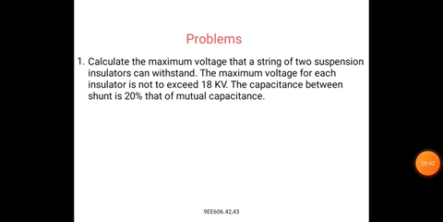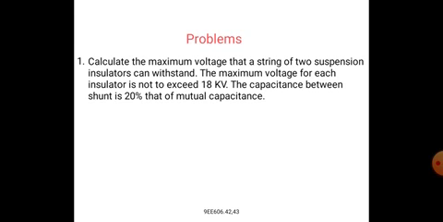Calculate the maximum voltage that a string of two suspension insulators can withstand. The maximum voltage for each insulator is not to exceed 18 kV.